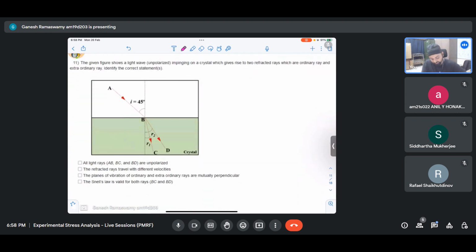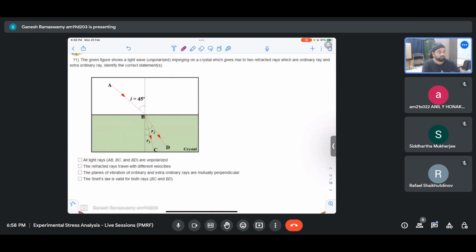So let us look at this question. The given figure shows an unpolarized light wave impinging on a crystal, which gives rise to two refracted rays, the ordinary ray and the extraordinary ray. Identify the correct statements in this regard. We have the crystal here, and we have unpolarized light.